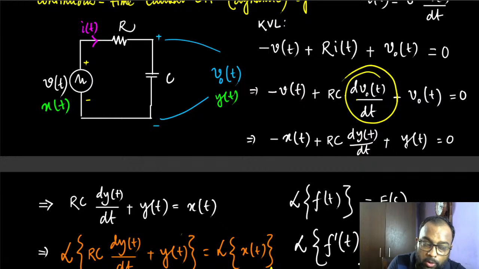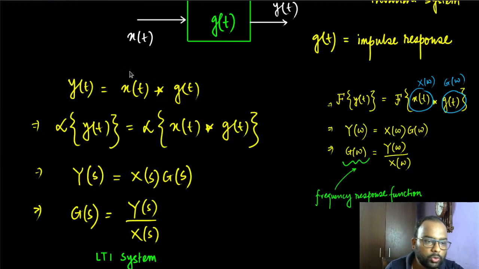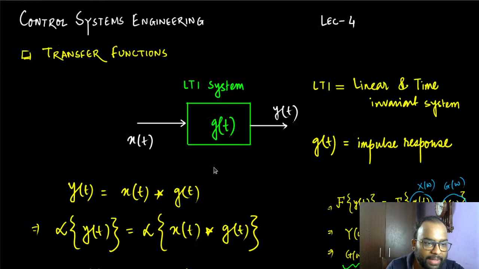So before I have even applied any voltage to the circuit, if the capacitor already had some charge stored in it, then it would already have some voltage across it, and that is something we call the initial condition imposed on the system.